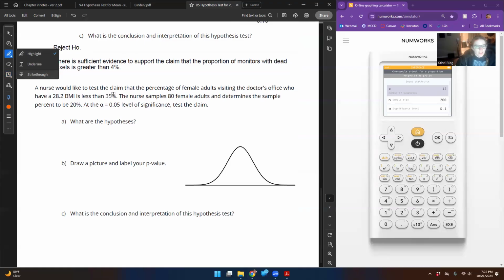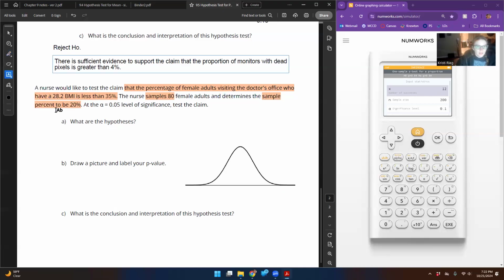our sentence here. Test. The nurse wants to test the claim that the percentage of female adults visiting a doctor's offices who, what do these people visit these doctor's offices and their BMI? Okay, whatever. There's the claim. They sampled 80 adults and determined the sample percent to be 20%. So they're telling us what P hat is.